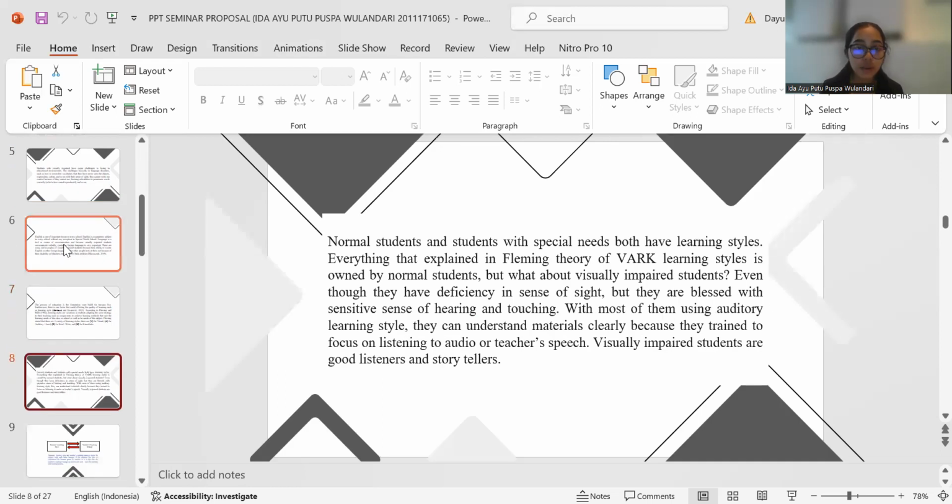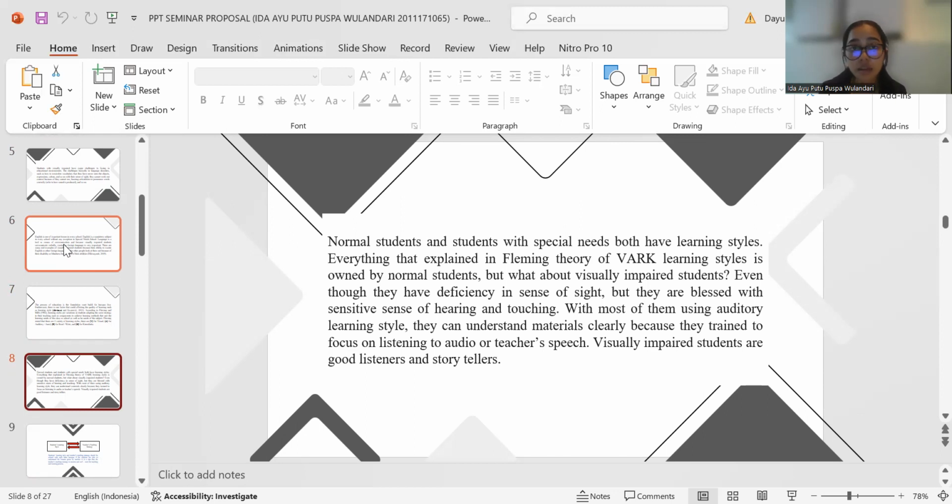Ladies and gentlemen, do you know what the learning style of visually impaired students is? This is the explanation as you can see on the slide. Normal students and students with special needs both have a learning style.